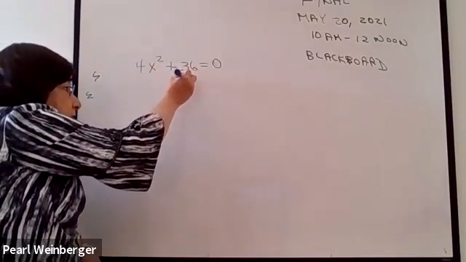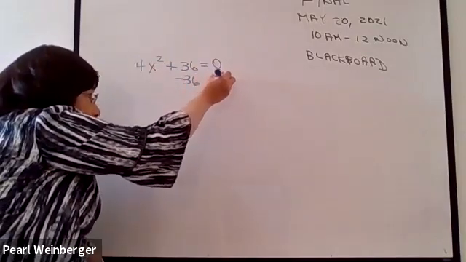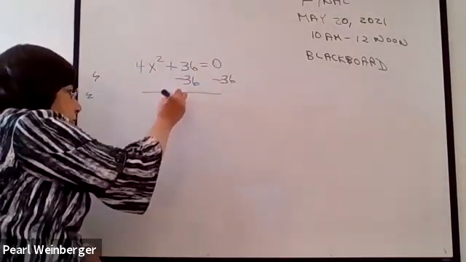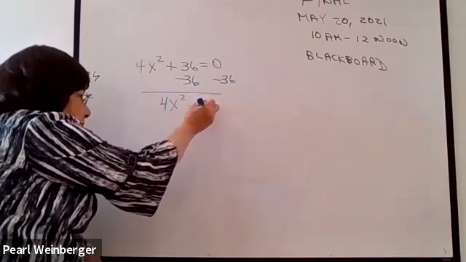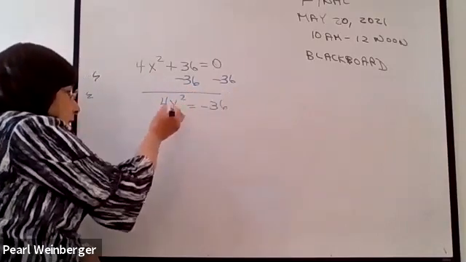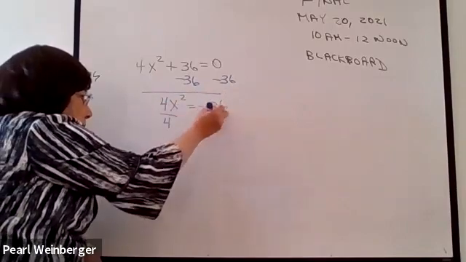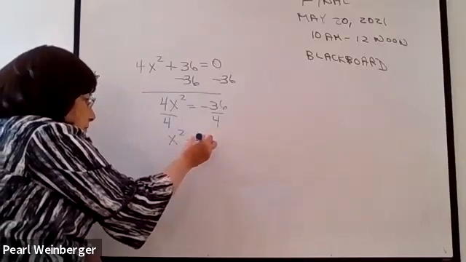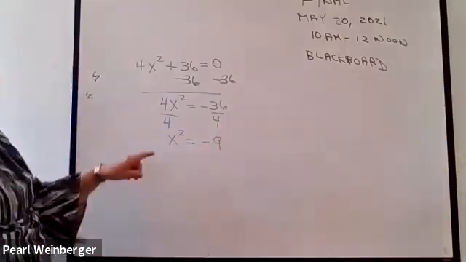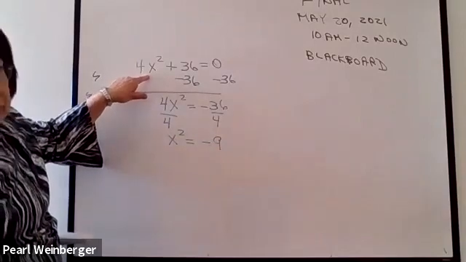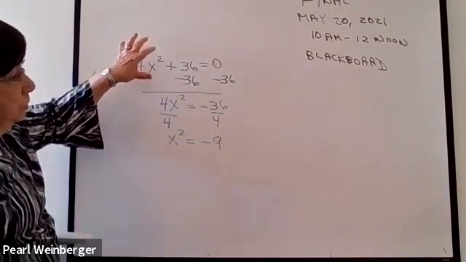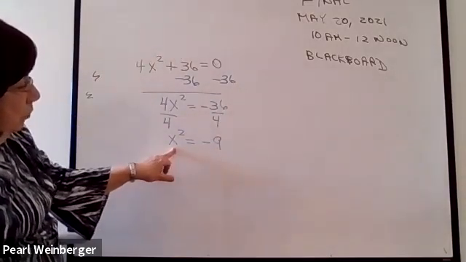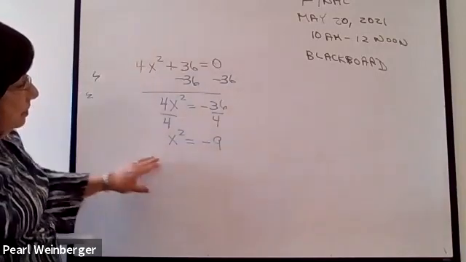Get the 36 to the other side so that you get 4x squared equals negative 36, and divide by 4 so that you get x squared equals negative 9. So when you have just an x squared term, if you don't have an x term, then you can solve by just finding out what the x squared is, pretend this is an x and solve it.